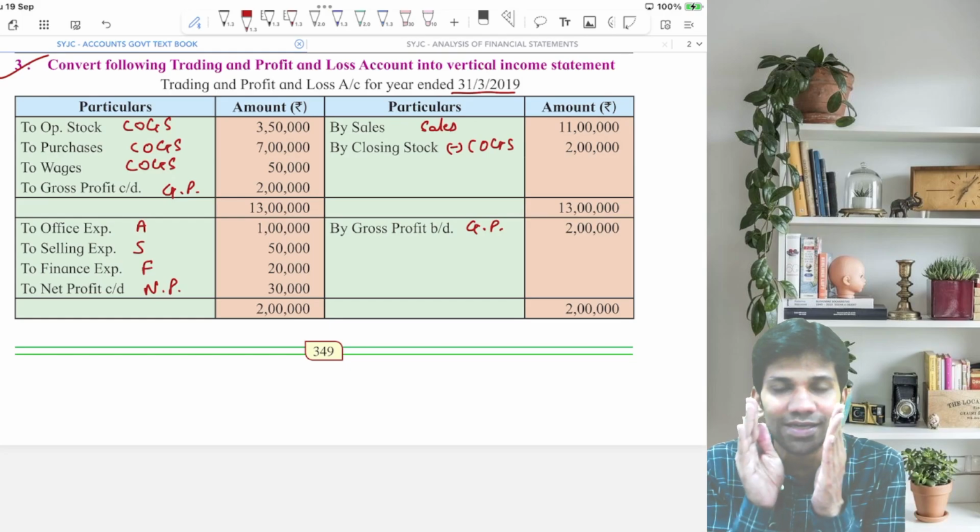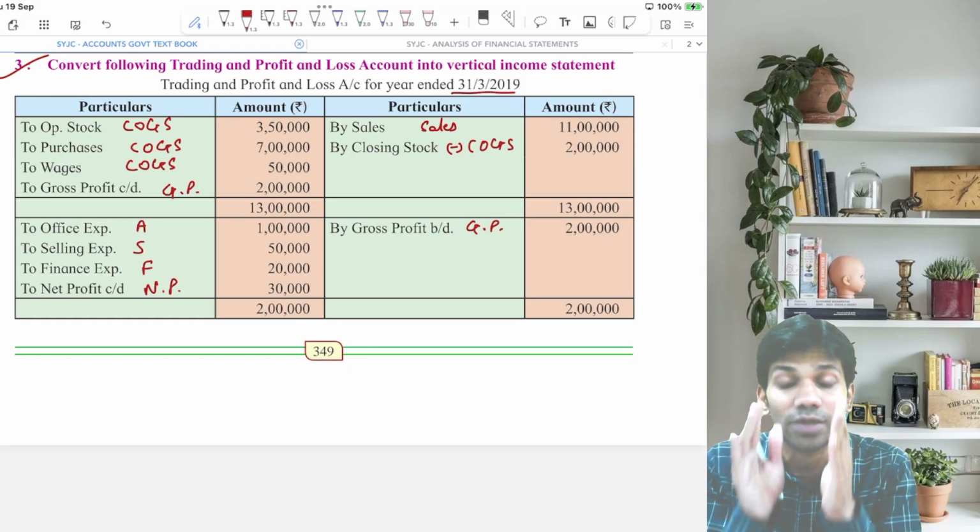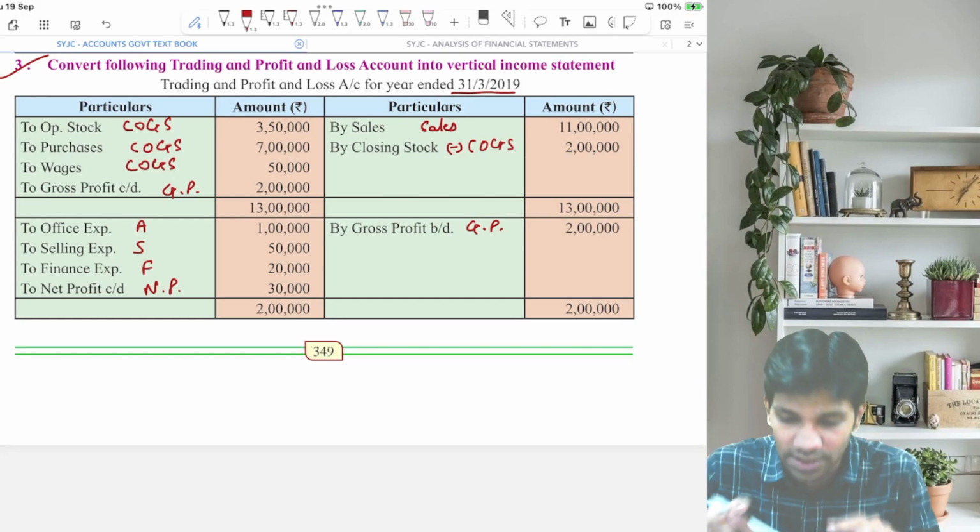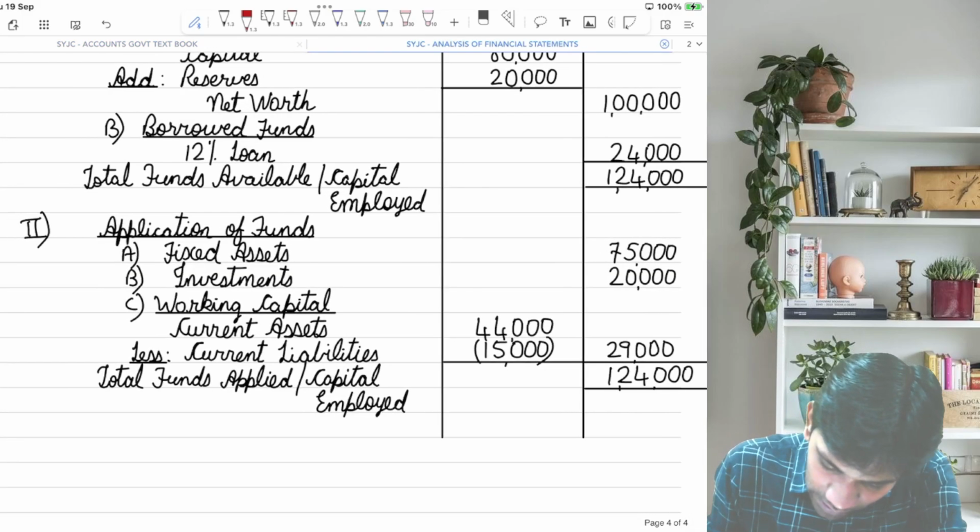Let's arrange this horizontal trading and P&L into a vertical income statement. So we'll go for illustration 3.